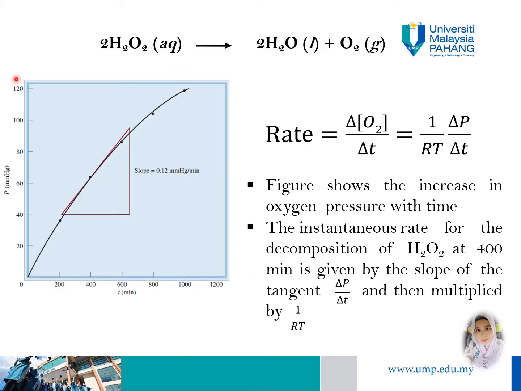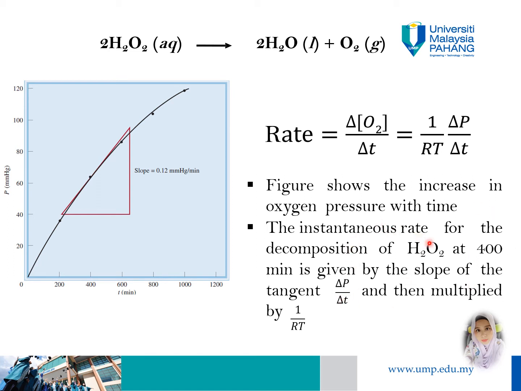From the figure, you can see the pressure versus time for the decomposition of hydrogen peroxide. The rate is equal to the change in the formation of oxygen over time, and also, when you use the ideal gas equation, PV = nRT, you can change to concentration: n/V = P/RT, so the rate involves (1/RT) times change in P over change in time.